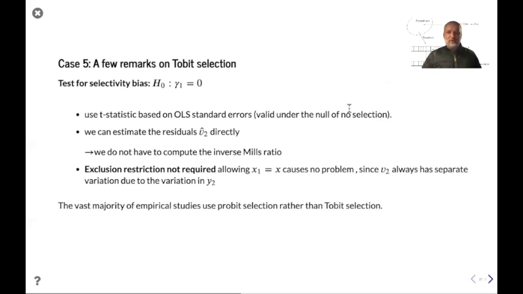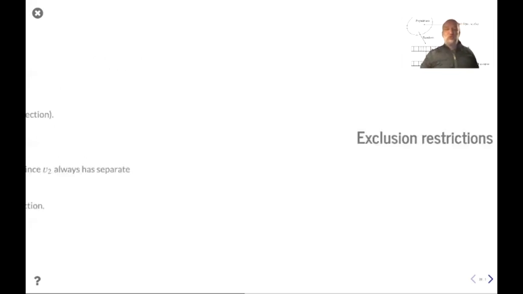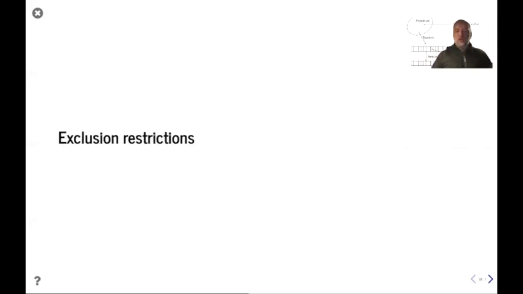I think that's the conclusion here: the exclusion restriction is actually not required, whereas that is the case for Probit. And actually, the vast majority of empirical studies use Probit selection rather than Tobit selection. So you need to know about exclusion restrictions, and that's the topic for the next video.